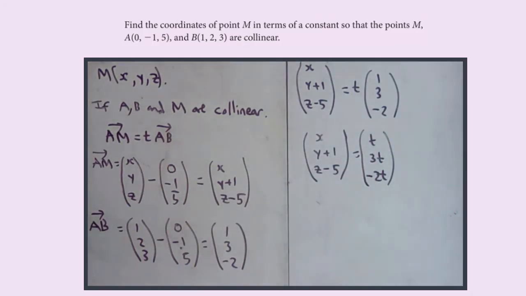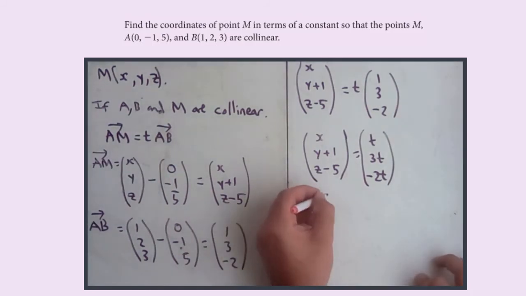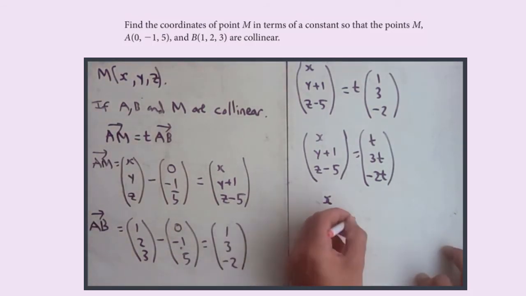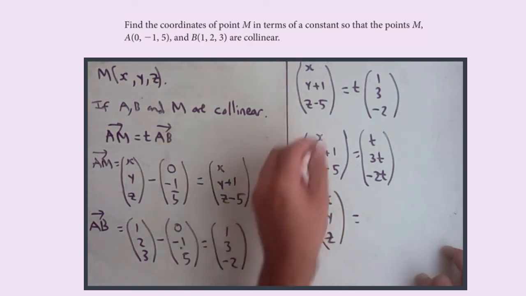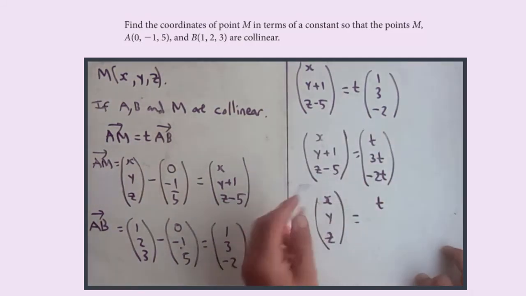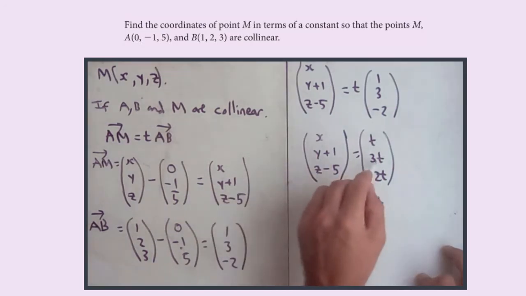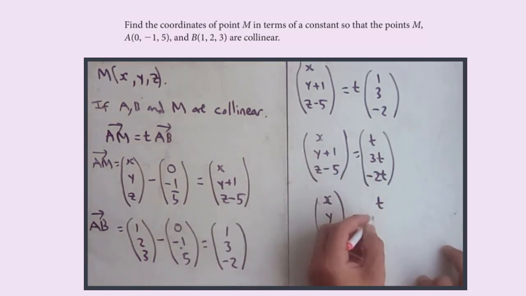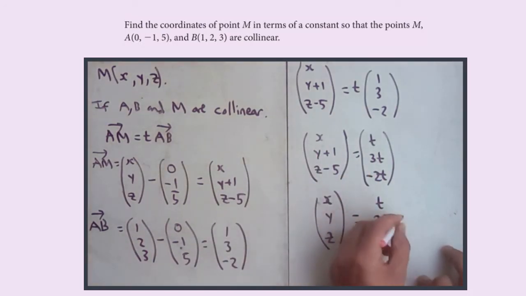And remember, we're looking for the coordinates of M in terms of the constant. The constant that we chose was t. So really we want OM, the position vector of M. So we want the x, the y and the z. So that must mean x, y, z equals, well, x we know is just t. We know that y plus 1 is 3t, so y must be 3t minus 1.